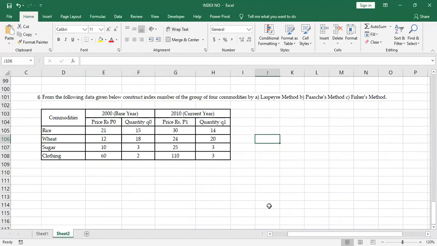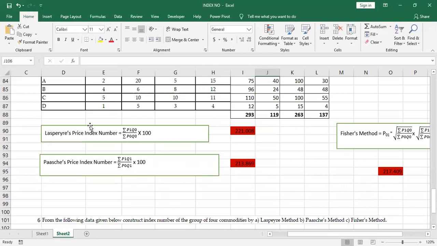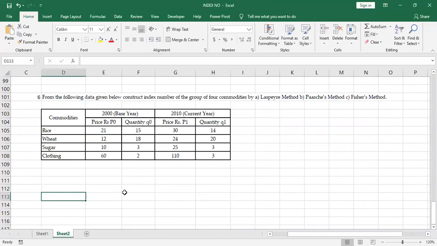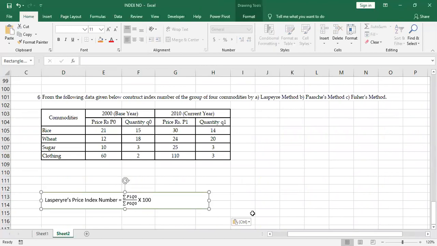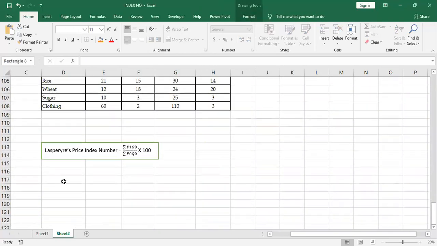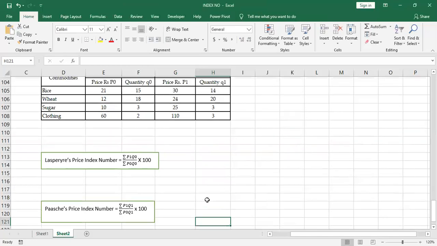Now we'll first make note of the formulas and then we will calculate. First we have Laspeyres. Next we'll have Paasche's.